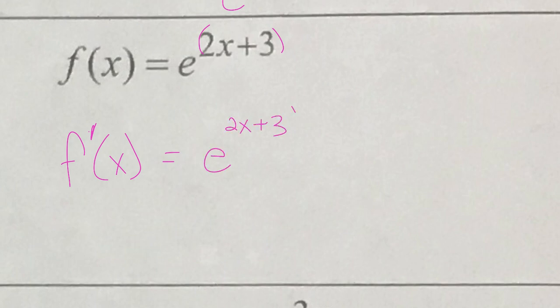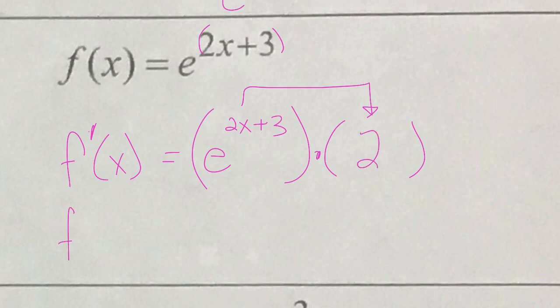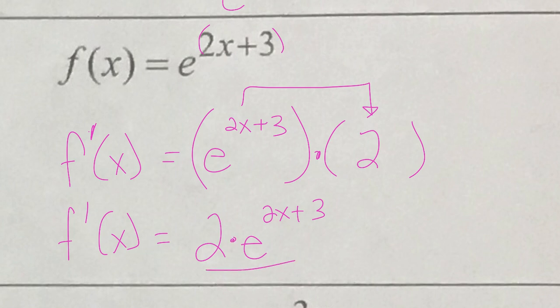It is its own derivative, times the derivative of our power. The derivative of 2x plus 3 is just 2. So if we do a little bit of rearranging, we have 2 times e to the 2x plus 3 as the derivative of e to the 2x plus 3.